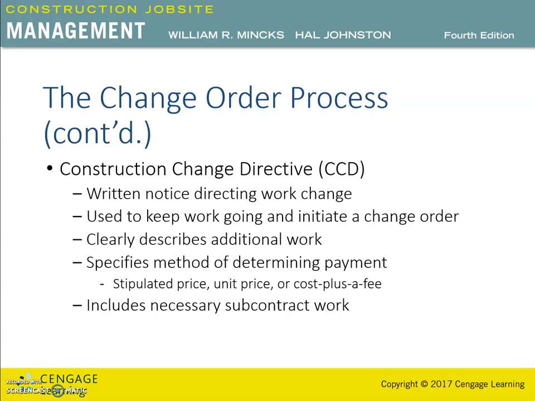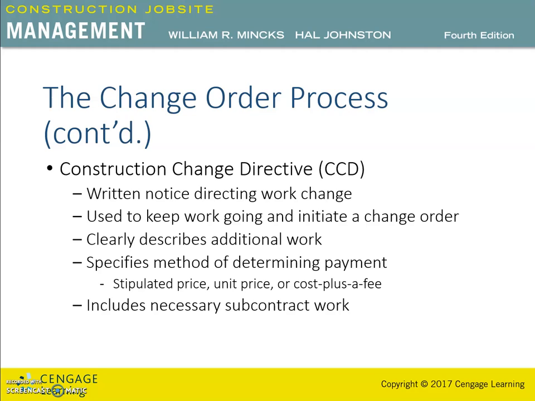The change order process should also include all necessary subcontract work as initiated in the COP or change order proposal. The contractor must solicit the necessary pricing from each subcontractor and coordinate the proper pricing. The contractor must determine which subcontractors are impacted by the change and request pricing for that work.